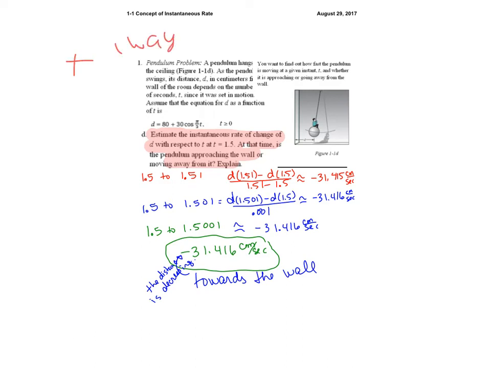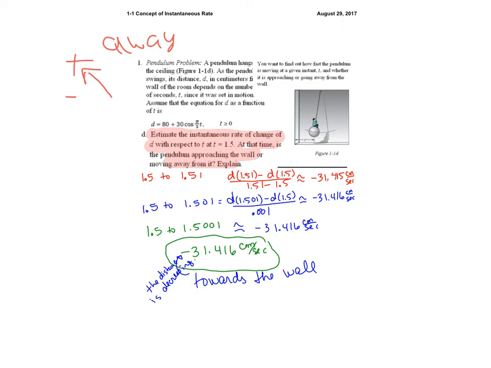A negative slope would imply going closer, and that's because when you have a positive slope, it means that the number is going to get larger and larger. The distance from the wall gets larger and larger, which means that it's going away. With a negative slope, it means that the distance is getting smaller. I hope that makes sense.